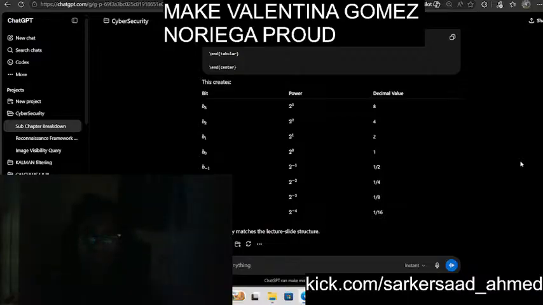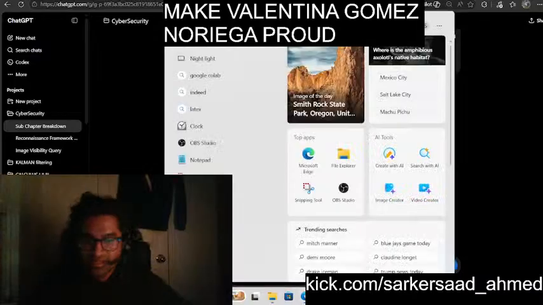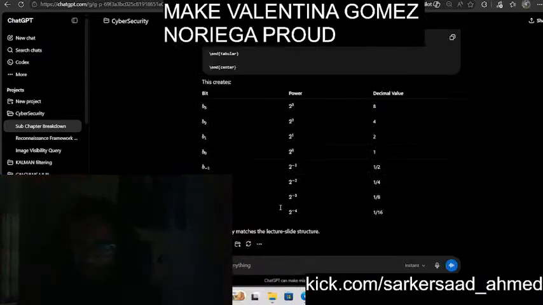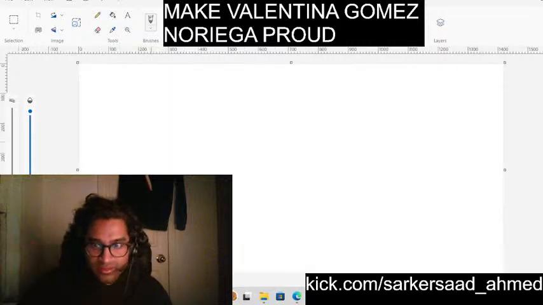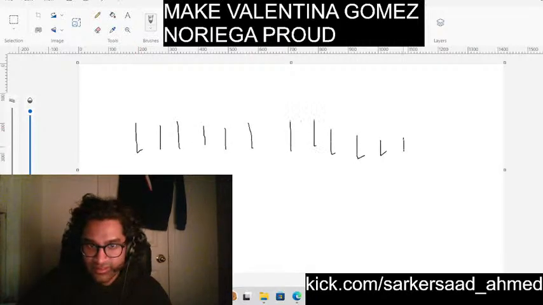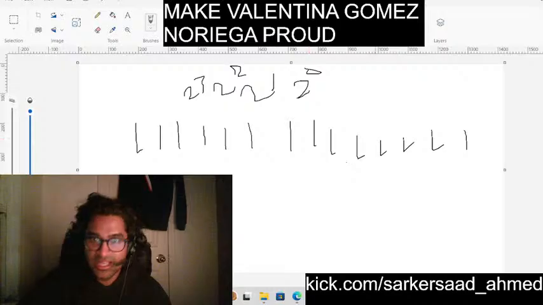No, I meant, like a box, right? Let me show it on Paint. Again, it's not able to understand. It'll be like 2 to the power 0, 2 to the power 1, 2 to the power 2, 2 to the power 3, something like this.